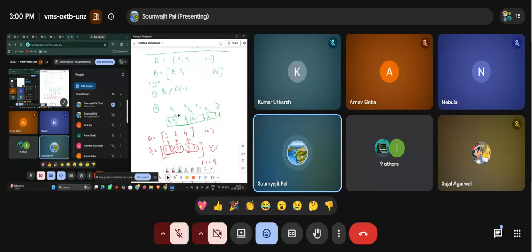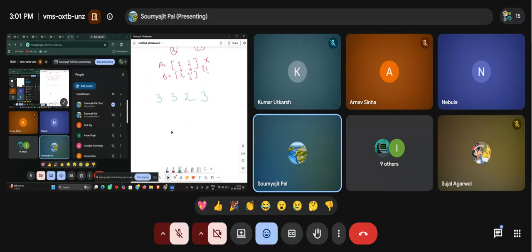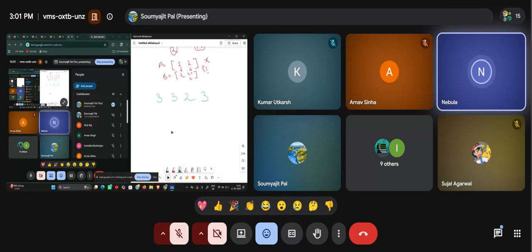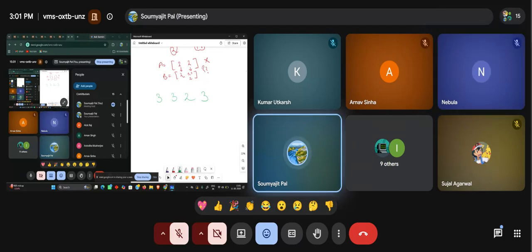What is the easiest way to divide any element Ai? 1 and Ai minus 1. Okay, so you are treating 1 as the divider, and Ai minus 1. Or you can do Ai minus 1, 1, right? And also you can write Ai as it is if all elements are distinct.